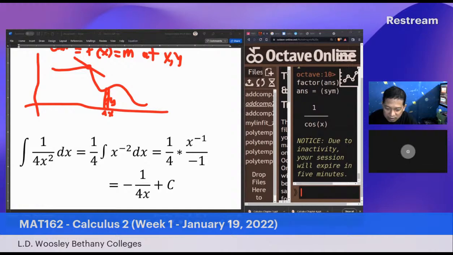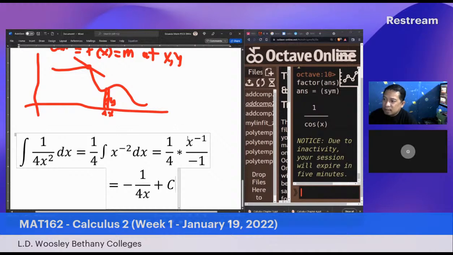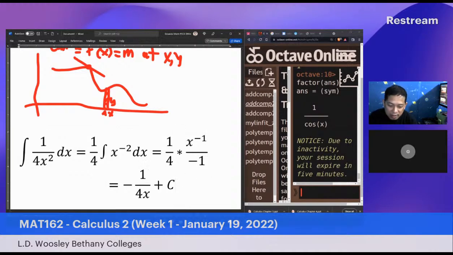Siguro tuloy natin yung ano. Sige, we could particular equation, solution. Sige, tuloy natin.